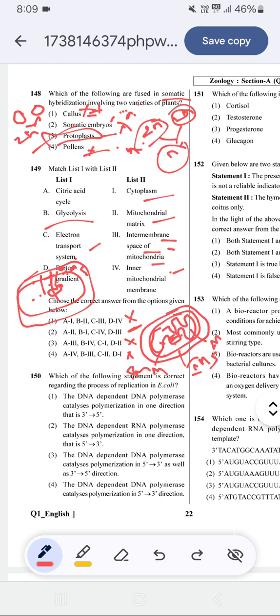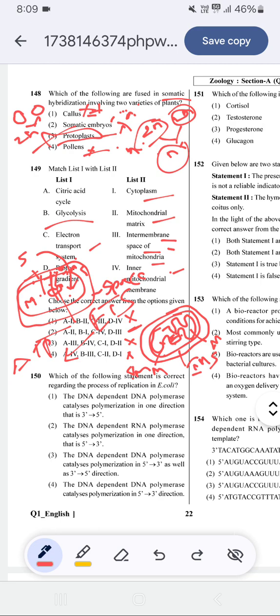So through inner membrane, protons move from matrix to space, and again in space there will be more protons accumulated, and then the protons will move from space to matrix with the help of this electron transport system by synthesizing ATP. For every 3 protons entering from space into the matrix, an ATP will be synthesized. So more concentration gradient of protons will be seen in intermembrane space of mitochondria. The answer will be second option.